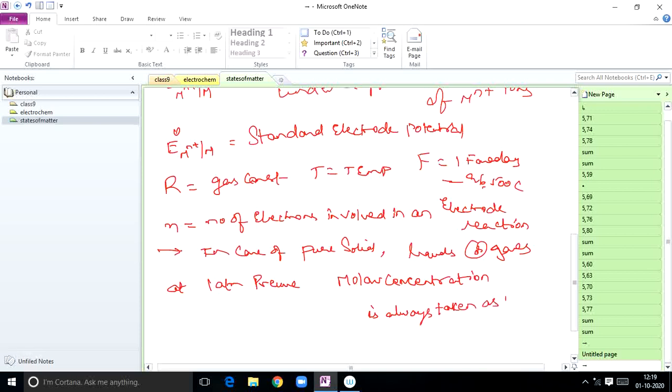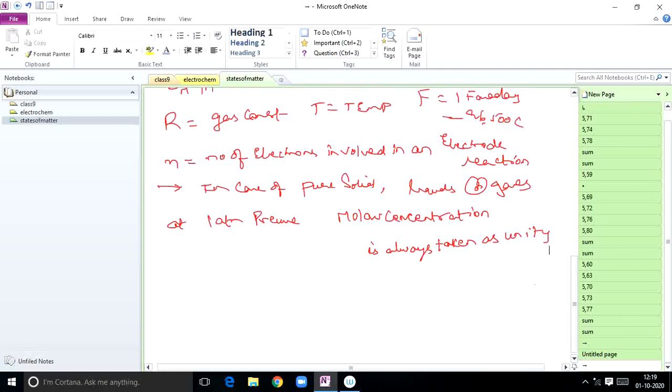Taken as unity means 1; the concentration is equal to 1. That is a very important point. If it is in pure solid, liquid or gaseous state at 1 atmospheric pressure, the molar concentration is always taken as unity. That point you have to follow.